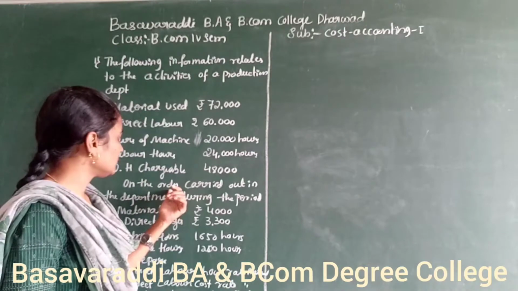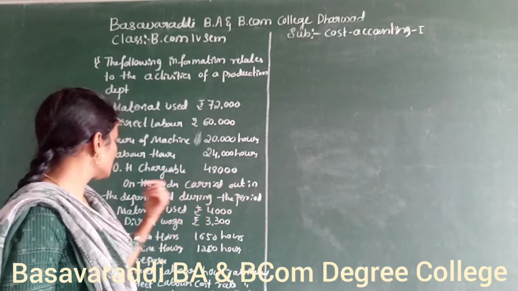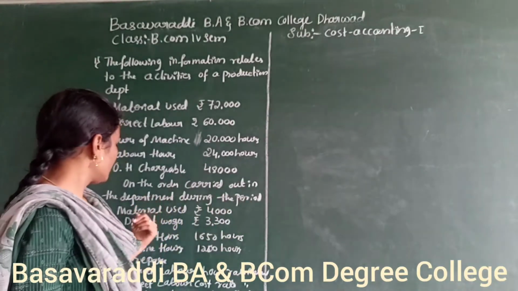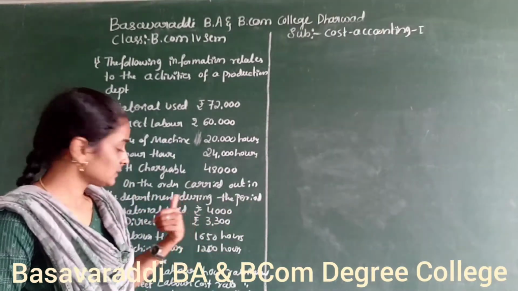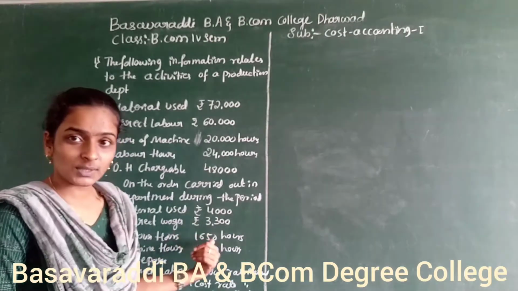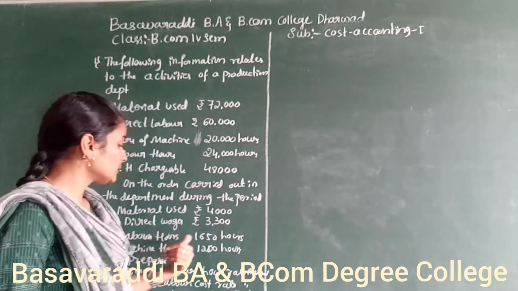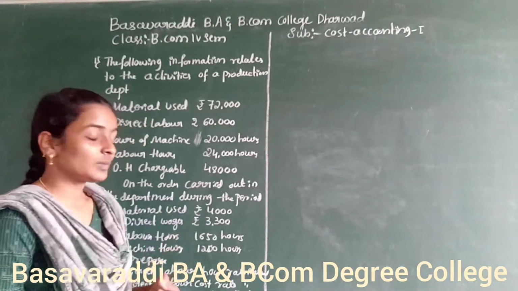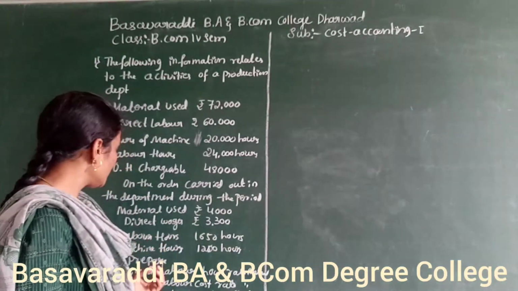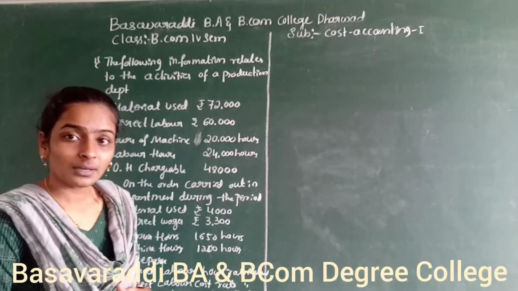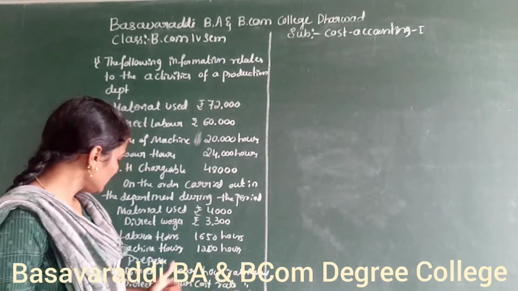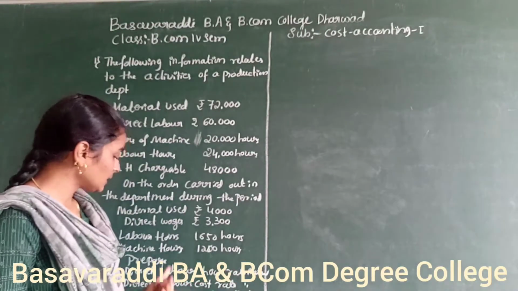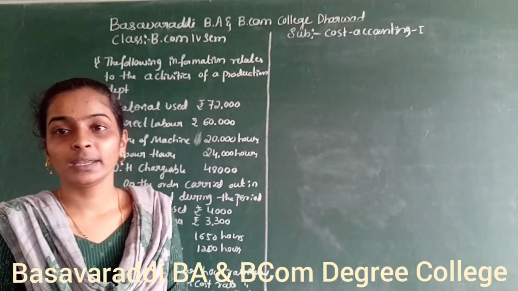On the order carried out to the department during the period: material used 4,000, direct wages 3,300, labor hours 1,650 hours, machine hours 1,200 hours. Calculate by the direct labor hour rate method, second the direct labor cost rate method, third the machine hour rate method.